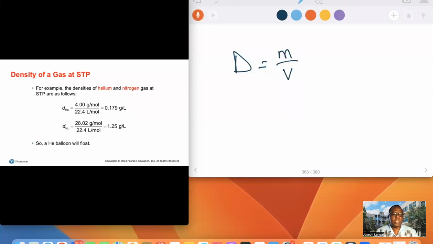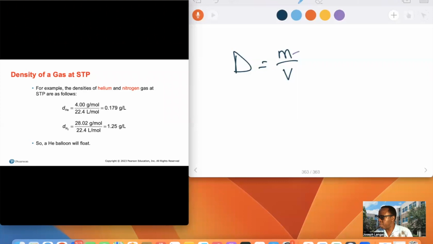For example, for the density of helium and nitrogen at STP, please remember that at standard temperature and pressure the volume is 22.4 liters. So if somebody asks you for the density of carbon monoxide at STP, it's going to be the molar mass of the gas at the top and the molar volume at the bottom.